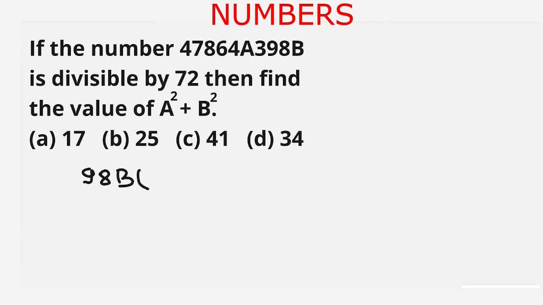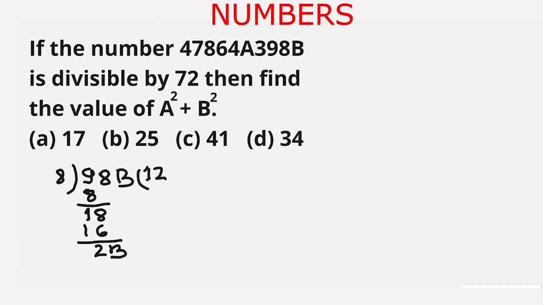Now we divide 98B by 8, and 8 times 1 is 8, and on subtracting 8 from 9 we get 1. We carry 8 from above, and 8 times 2 is 16, and on subtracting 16 from 18 we get 2, and we carry B from above.